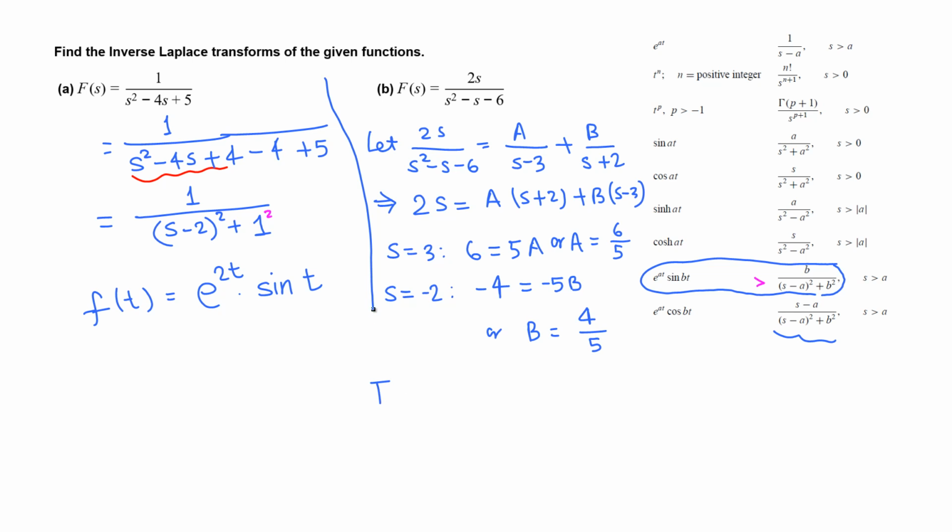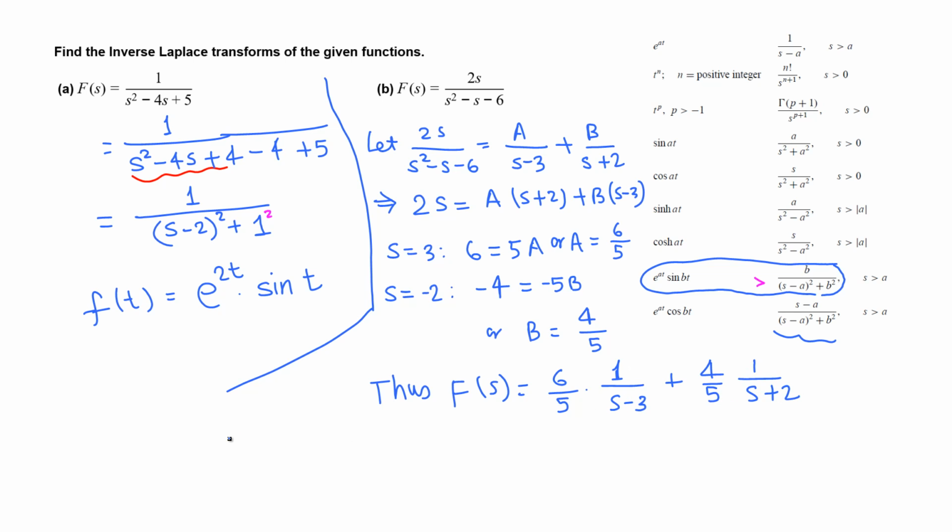So thus, we can rewrite the given complex fraction as a sum of two simpler fractions, a over s minus 3, and a is 6 over 5, so 6 over 5 times 1 over s minus 3, plus b over s plus 2, where b is 4 over 5, so we pull out 4 over 5 times 1 over s plus 2.